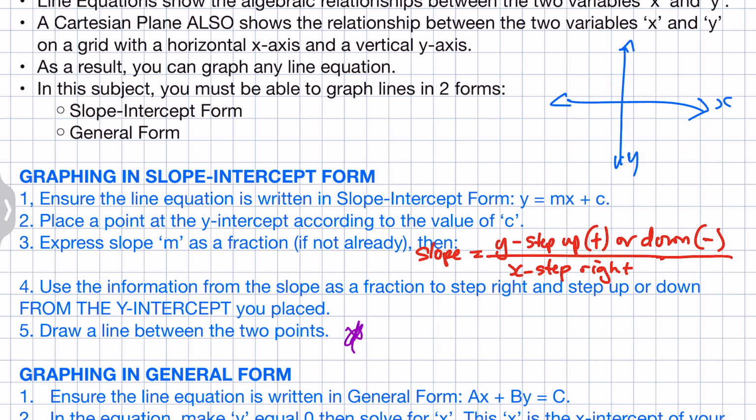Right now, what that fully means may be unclear, but when you see how it works as an example, then it will clear it up. So slope equals y step up plus or down minus over x step right.